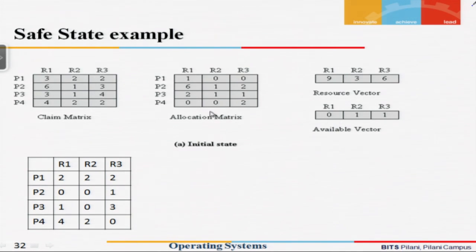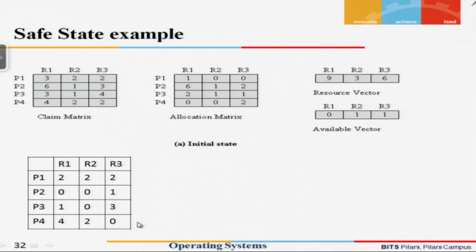Now when P3 completes, P3 will release 2 resources. So now this value will become 6 plus 2, 8, and R2 will become 3, and R3 will become 4. So I have 8 3 4.